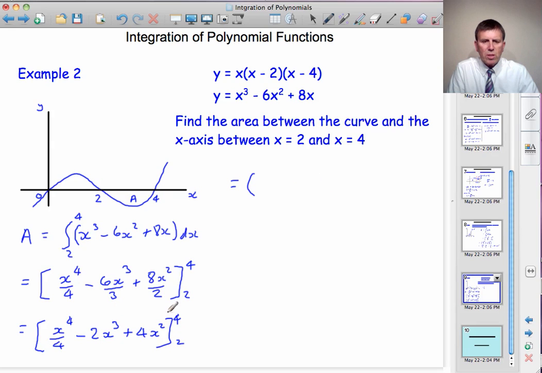The first bracket, I'm putting x is 4 in here, so we get 4 to the power 4 over 4 minus 2 times 4 cubed plus 4 times 4 squared. And we're going to subtract from that the bracket evaluated with 2 in for x. So we get 2 to the power 4 over 4 minus 2 times 2 cubed plus 4 times 2 squared.